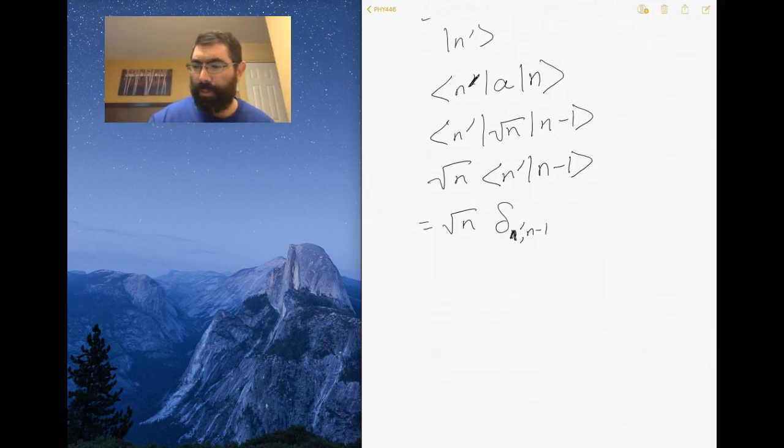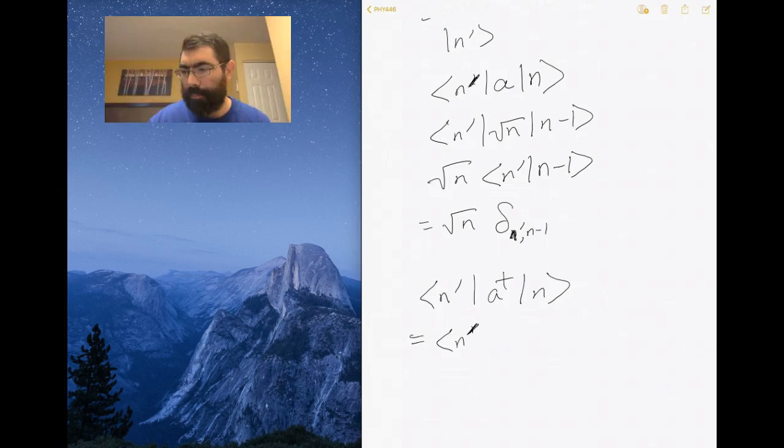Likewise, if I wanted to raise something up, I would take the raising operator and apply it to n. That's going to raise it up. So I get a factor of the square root of n plus 1, and I've now moved to the state n plus 1.